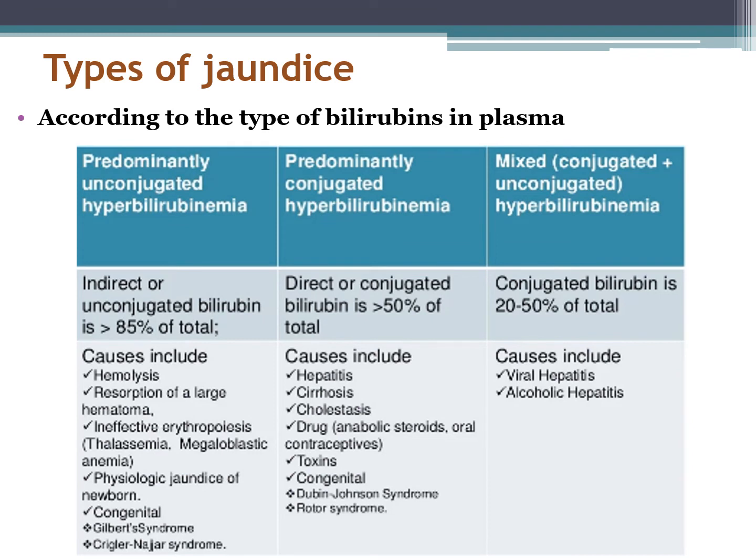There are three types of jaundice according to the type of bilirubin in the plasma: predominantly unconjugated hyperbilirubinemia, predominantly conjugated hyperbilirubinemia, and mixed. You can read this, it is simple.